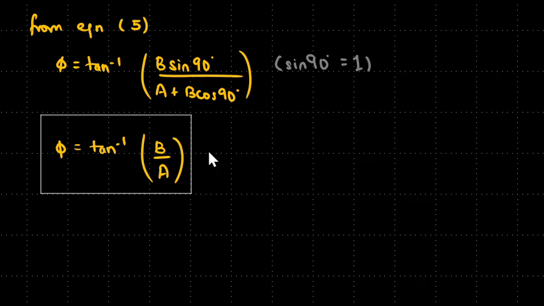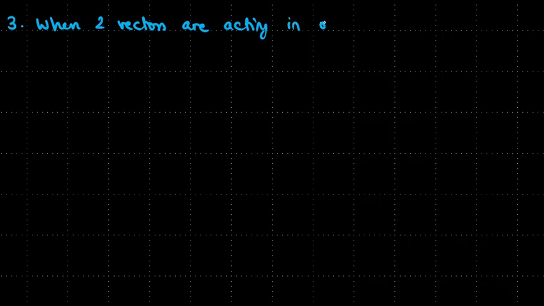Now finally, the third case and the final case that I'm going to talk about is when two vectors are acting in opposite direction, which means theta, or the angle between them, is 180 degrees.